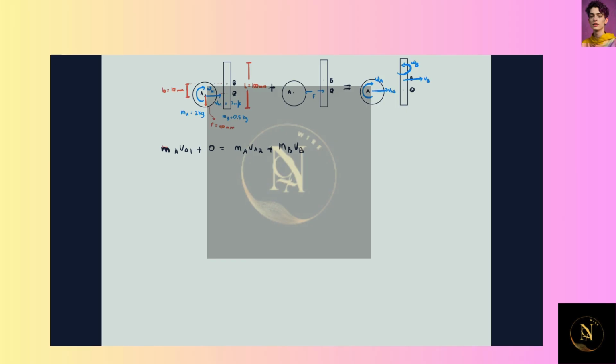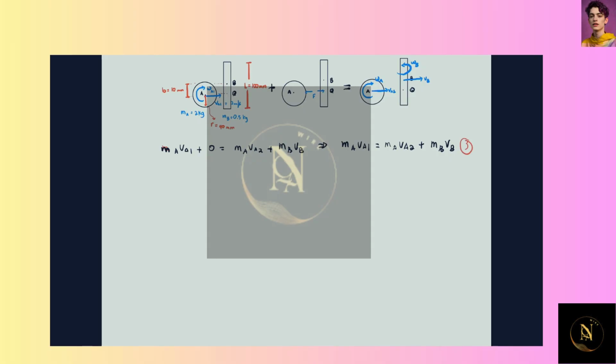So this would be ma va1 equals ma va2 plus mb vb. This is our equation 3.